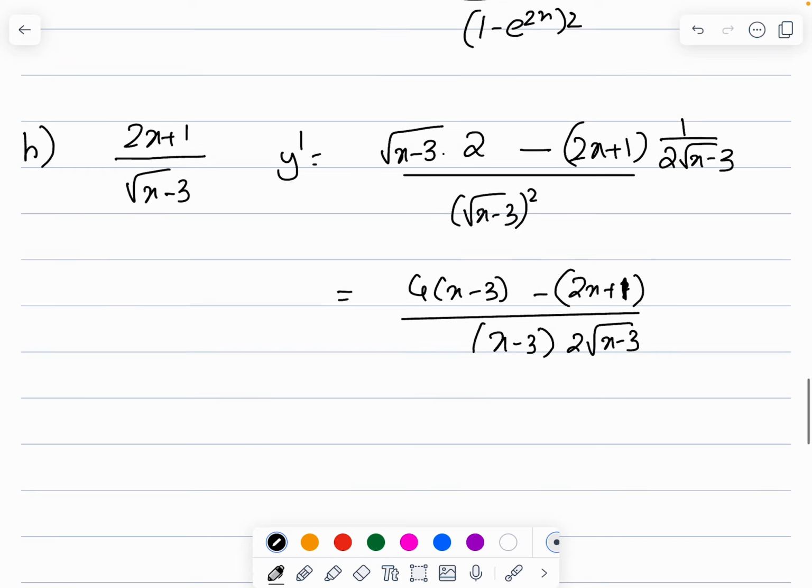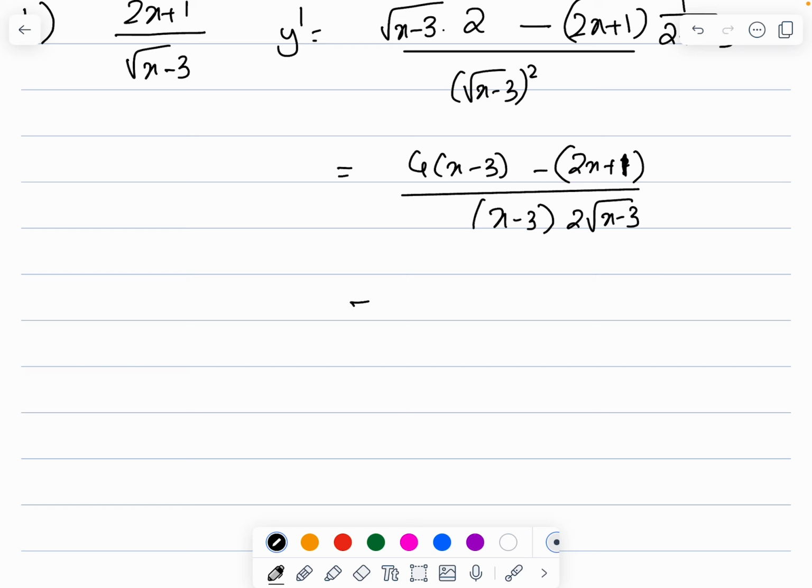So when I simplify further, sorry, it becomes 2x minus 13 divided by (2x minus 3) whole power 3 upon 2.